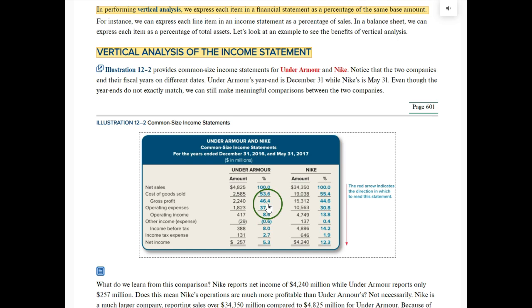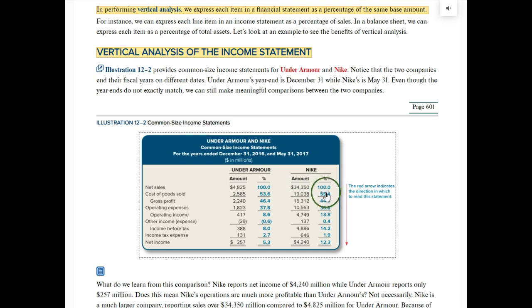Now, an important number is gross profit and gross profit percentage. So if you want to know about the markup, in other words, for every $1 in sales, after you get the inventory cost covered, what is the gross profit that we can use for other expenses? So out of every $1 in sales, 100%, we have 46.4 cents of gross profit.